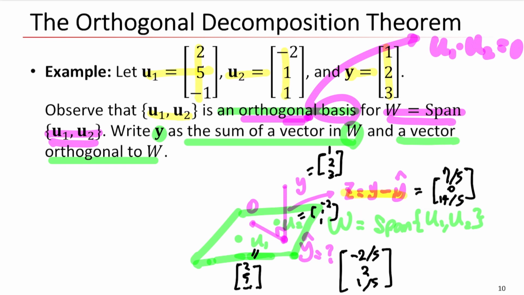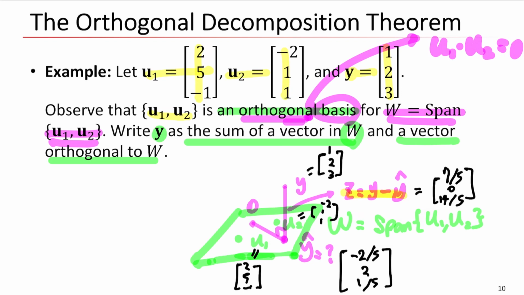And there was an example, something like this, right? We have two vectors u1 and u2 and another vector y, right? Then we can say that the set of u1 and u2 is the orthogonal basis for the subspace W, where W is the span of u1 and u2.